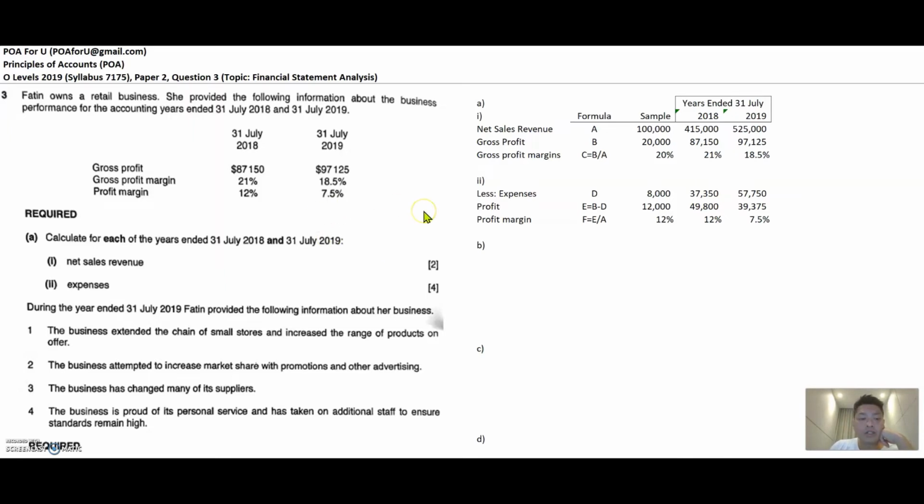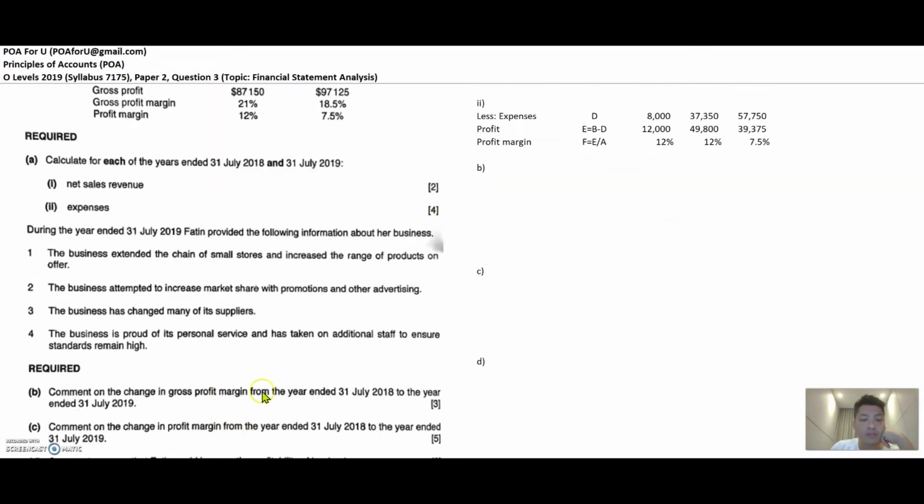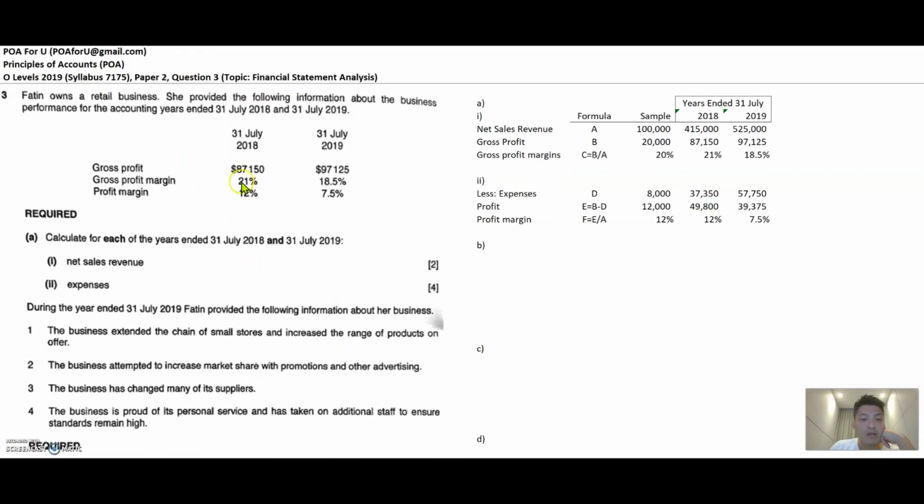So if you look at the gross profit margins, margins have dropped from 21% to 18.5%. That's the first observation that you must make from 2018 to 19. And that means that, like I said before, for every dollar that the business sells, they are making less gross profit.